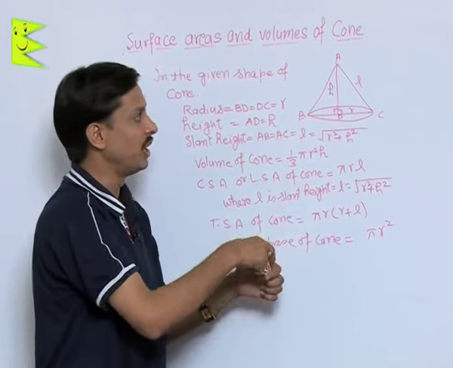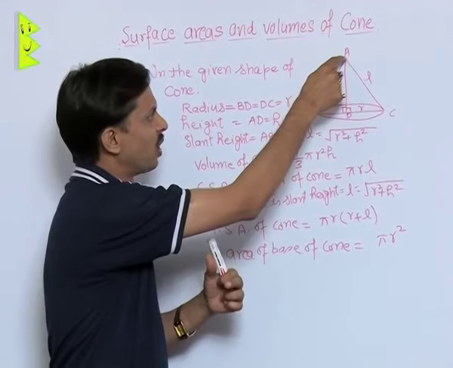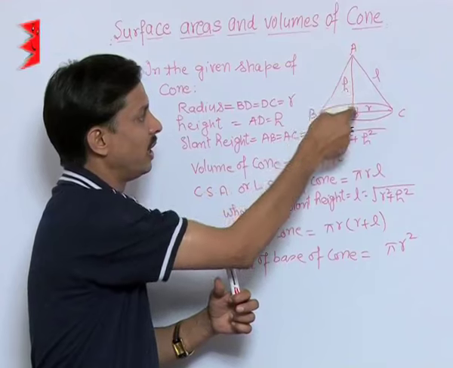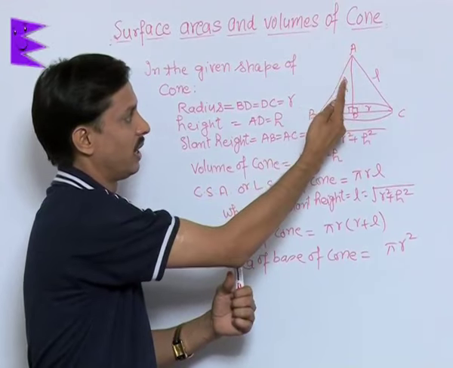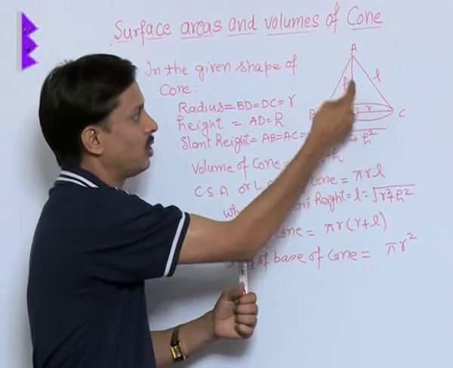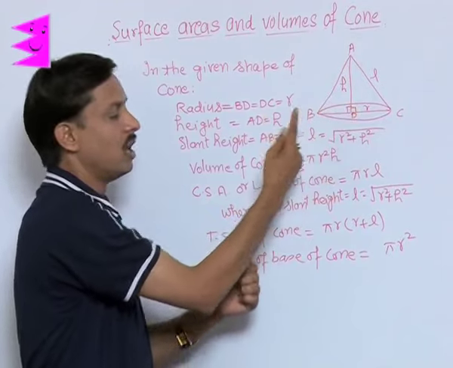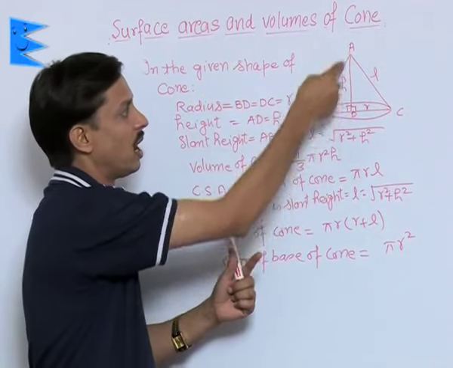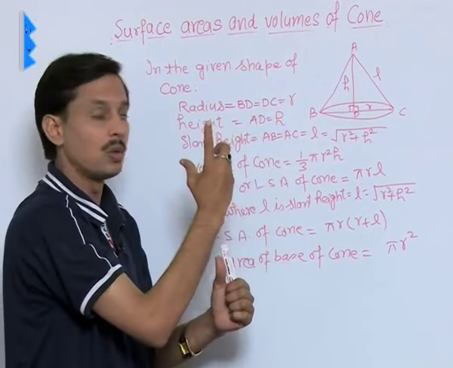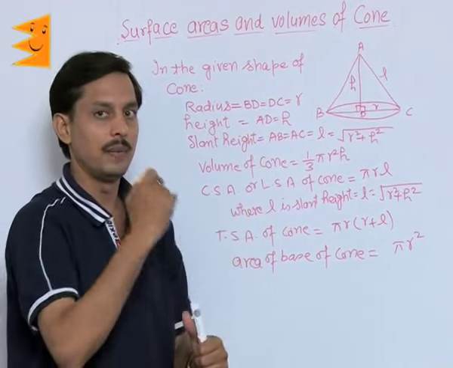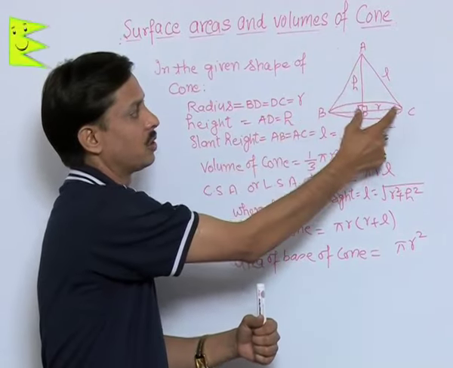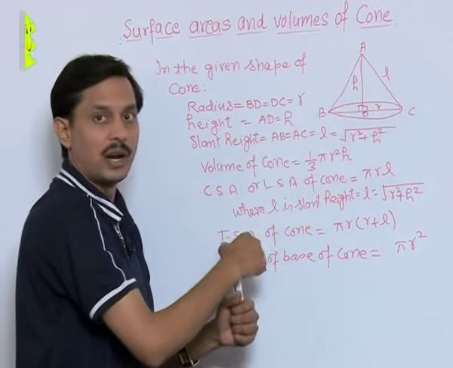You can see that there was a right angled triangle ADC, then AD is kept fixed, and the right angle triangle ADC or ADB is revolved about the height, then the figure so formed is a cone. Now this is the height of the cone, this is the radius of the cone, this is the slant height of the cone.